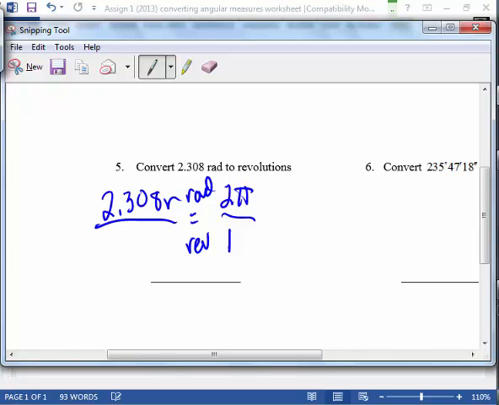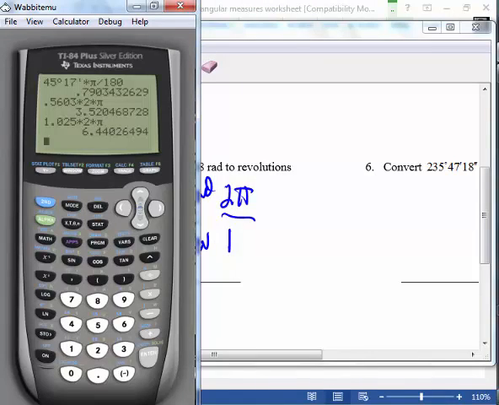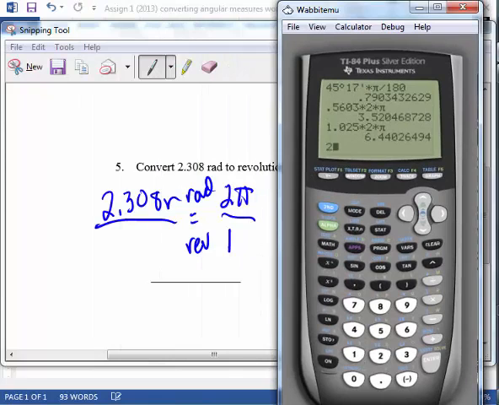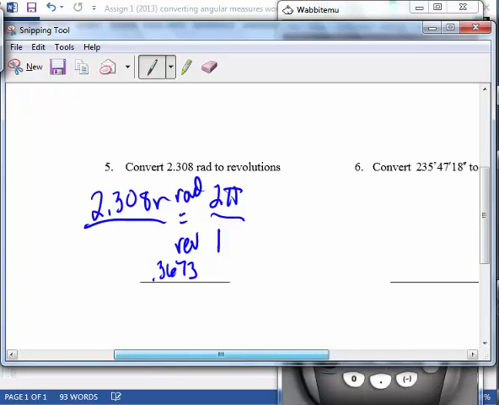So it'll be 2.308 divided by parentheses 2 times pi, and we get 0.3673 revolutions.